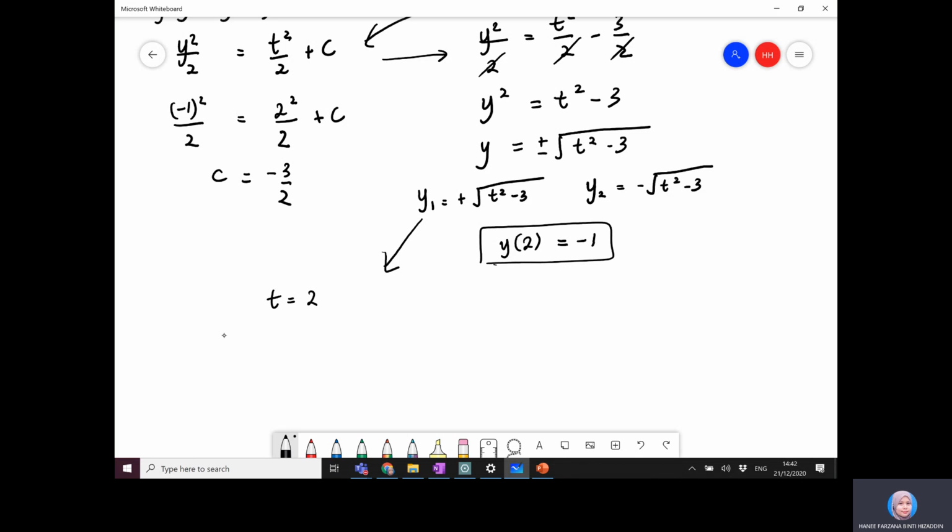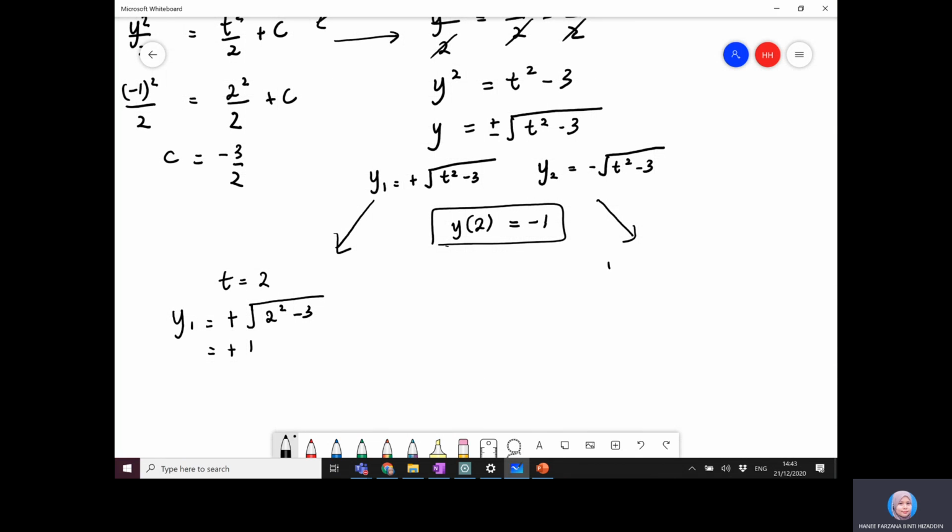If you put t equals 2 into y1, you will get positive square root of 2 squared minus 3, then you get 4 minus 3 is 1, so positive 1. If you put t equals 2 into y2, you get negative square root of 2 squared minus 3, you have negative 1, so you get -1.